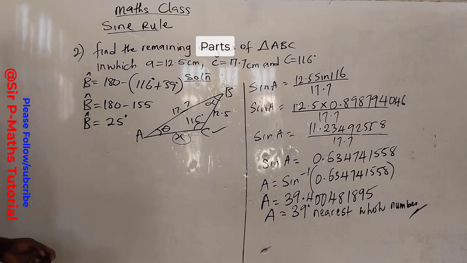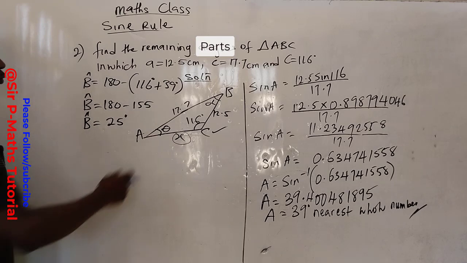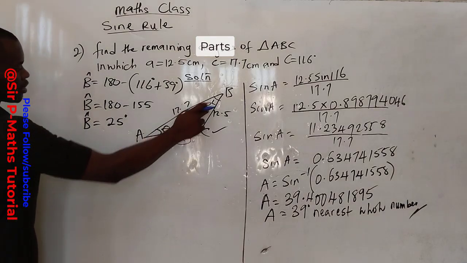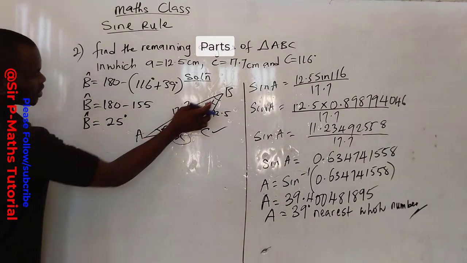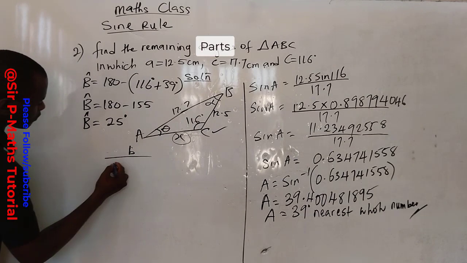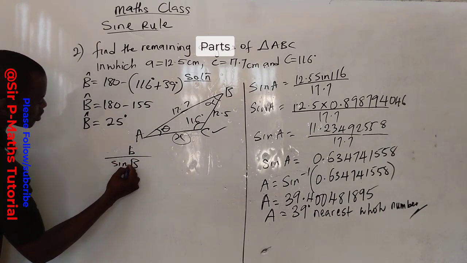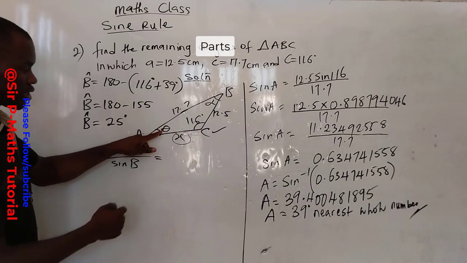All right, so the next thing we do is find the side X, since we have been able to discover the angles. Now to solve this, the side is facing the angle at B, so we'll be using b over sine B. Then we choose between A and C, whichever one to use, because A is complete now.